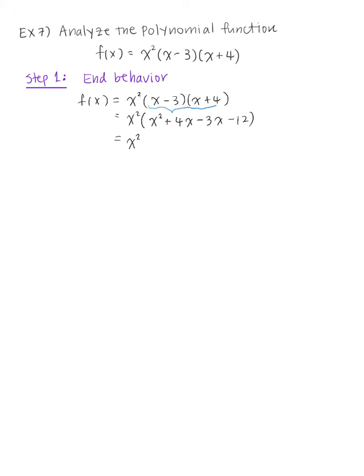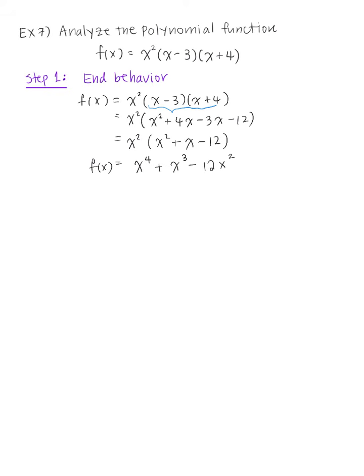So that's x squared, and you have x squared plus x minus 12. Distribute: x to the 4th plus x cubed minus 12x squared. So this is also our function f of x.